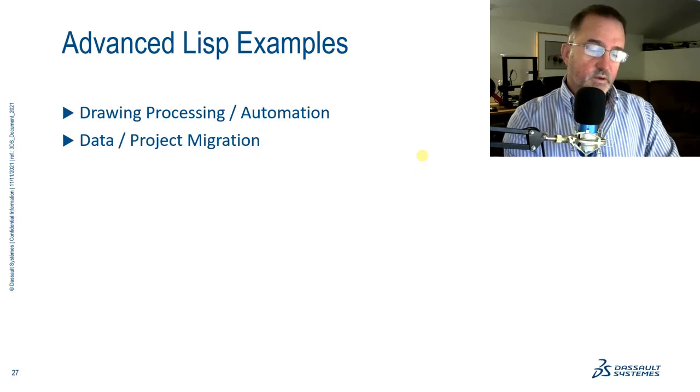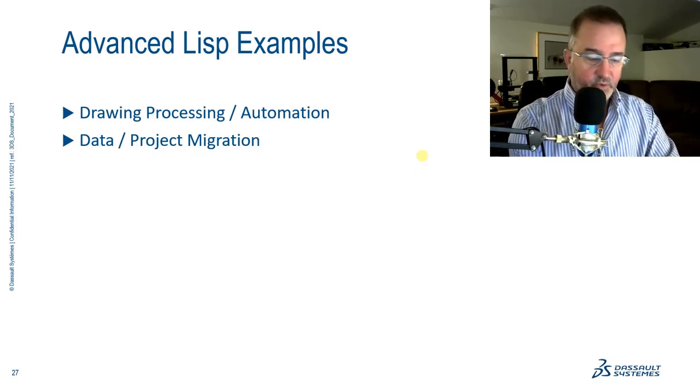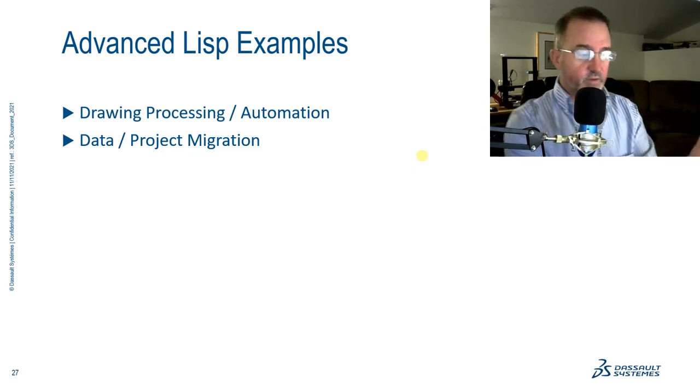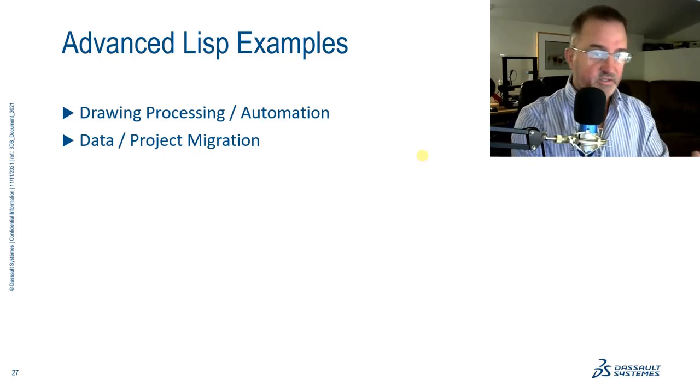Also, we see opportunities when it comes to project migration. To give you an example, I've had companies that have purchased or acquired other companies and they have to migrate their projects from one server to another, and perhaps all of the paths have to be changed because they were hard-coded before.